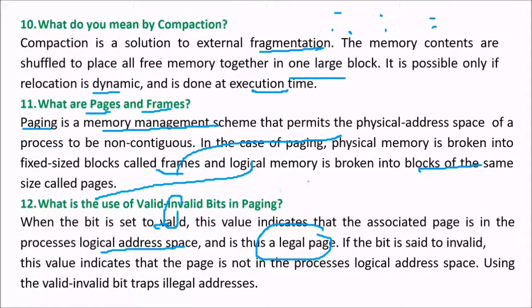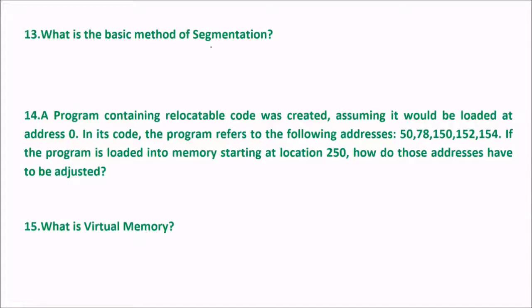But if the bit is set to invalid, this value indicates that the page is not in the process's logical address space, so it is not a legal page right now. Using this valid-invalid bit, it traps any illegal addresses.